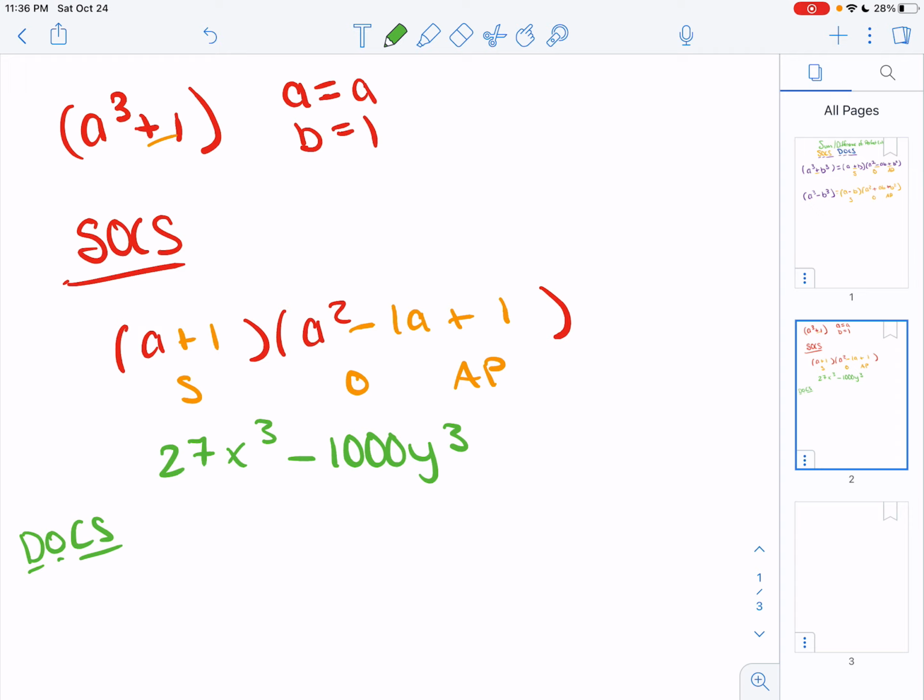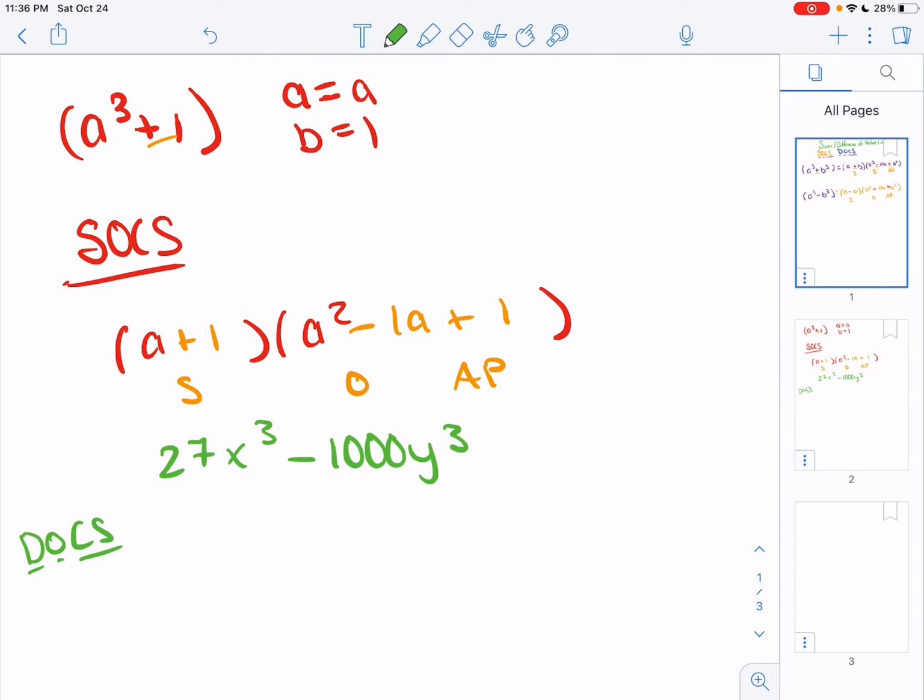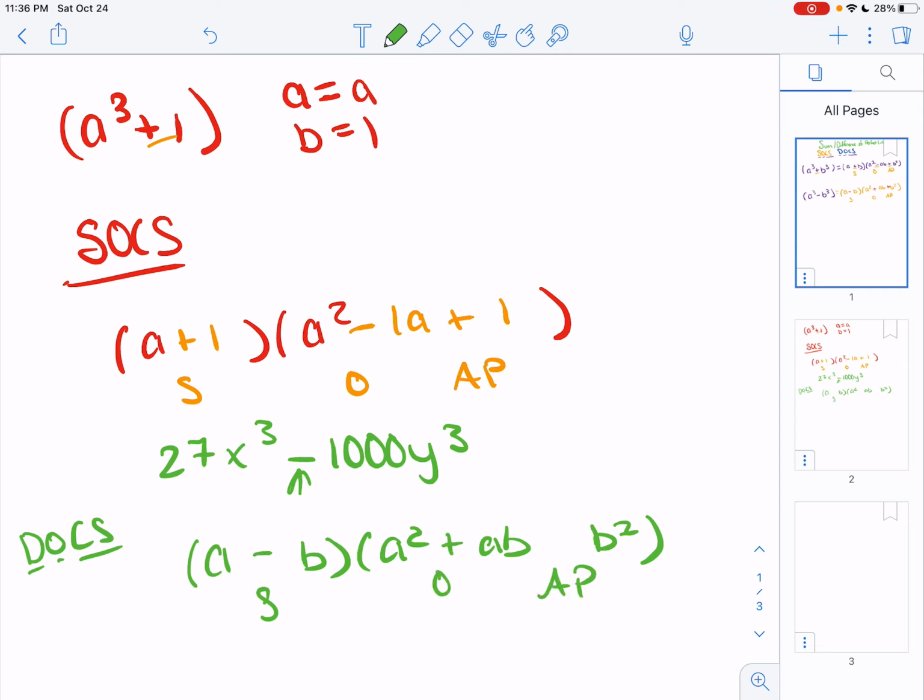So it's going to be the exact same situation. We have a, b, a squared, ab, and then b squared. Now we just need to do our signs. So our signs, it is minus, so we have SOP. Same, opposite, always positive, just like that.